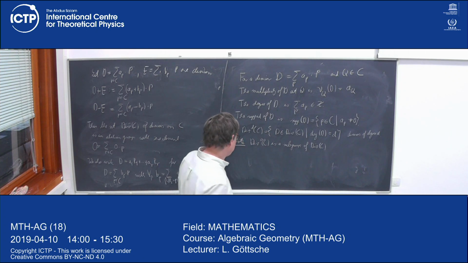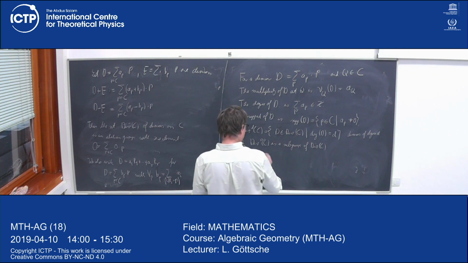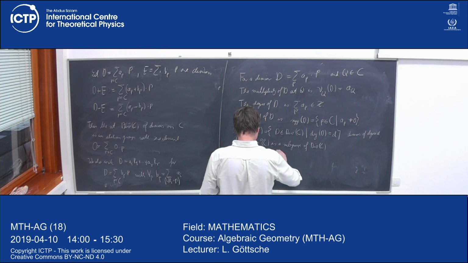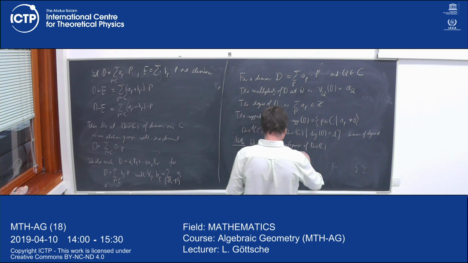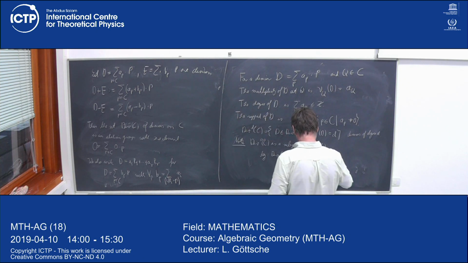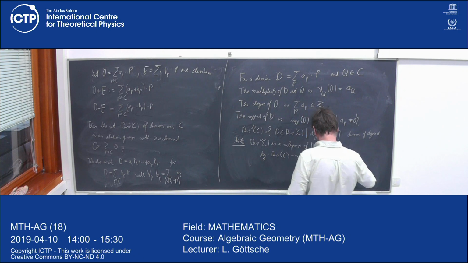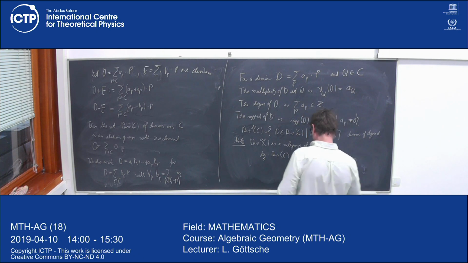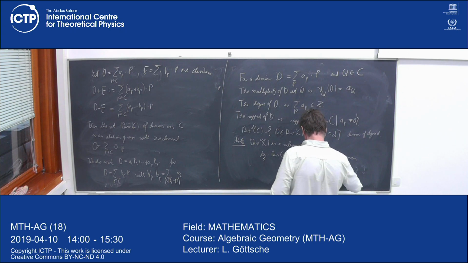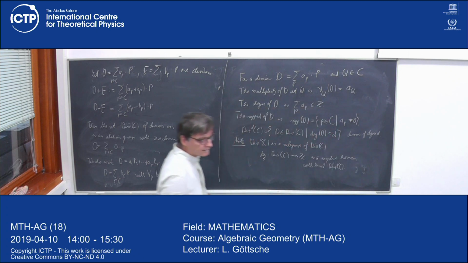If you want to say it in a fancy way, the degree from Div C to the integers is a surjective homomorphism with kernel Div 0. Clearly that is the case.